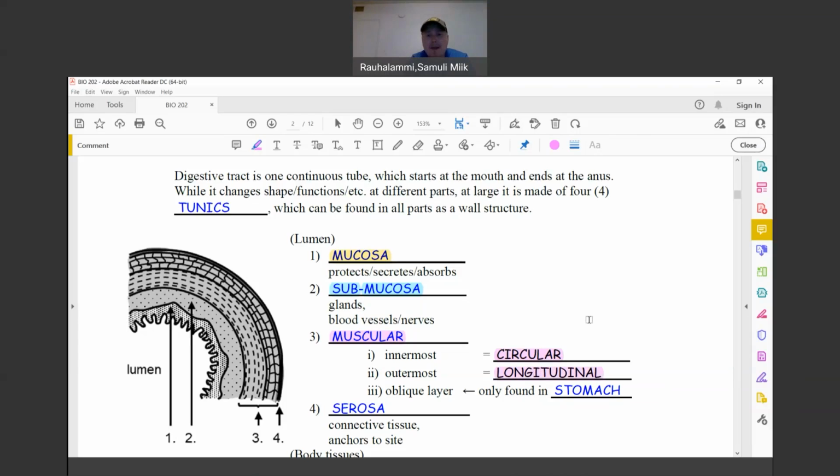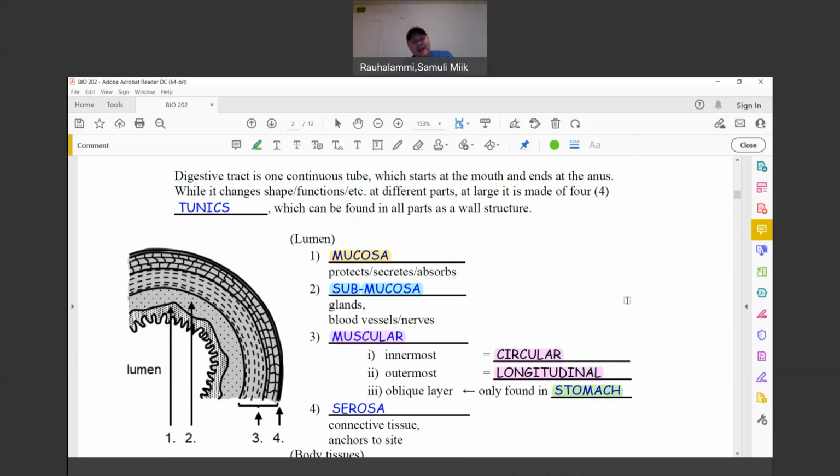There is one place in the digestive tract where we see a 3rd layer, and this 3rd layer is found only within the stomach. This is the oblique layer. Oblique layer fibers don't run along any of the planes we've seen before; they run kind of off from those.